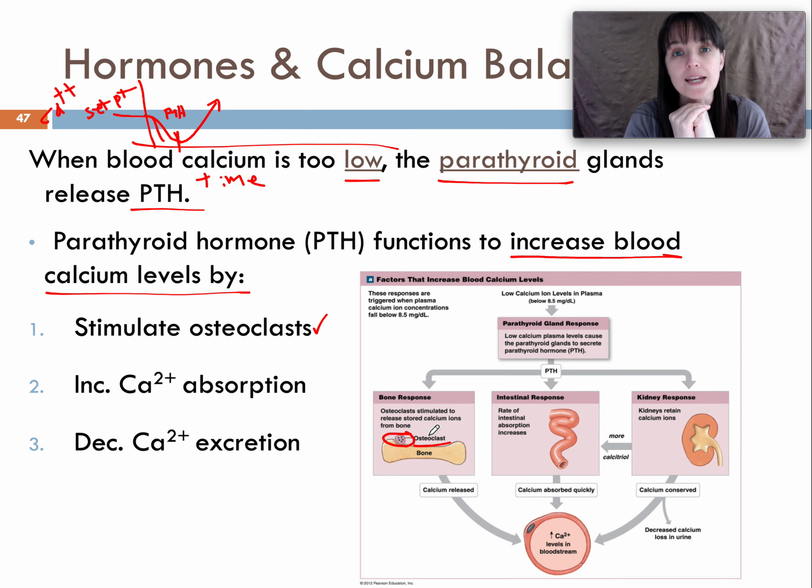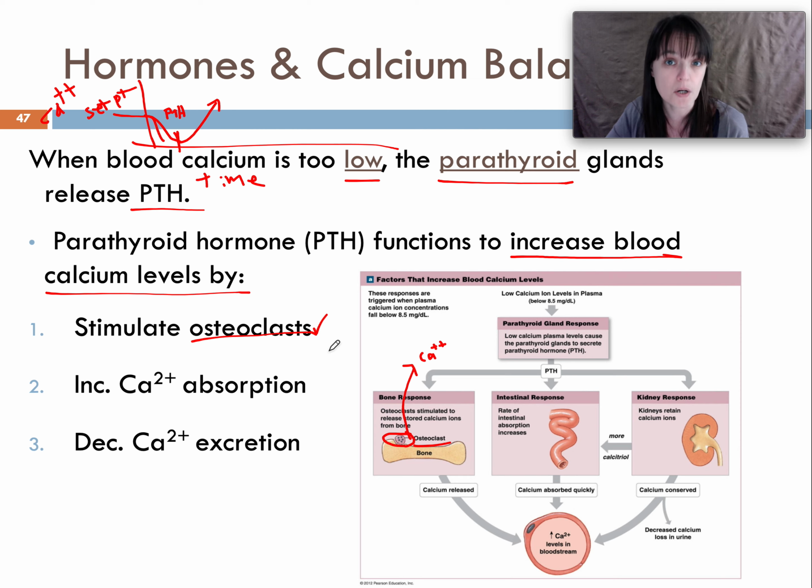They also make acids, and the acids dissolve the calcium matrix out of the bone. And where does that released calcium go? Back into the bloodstream. So it stimulates osteoclasts to eat holes in the bone to release the calcium from the bone matrix back into the bloodstream.